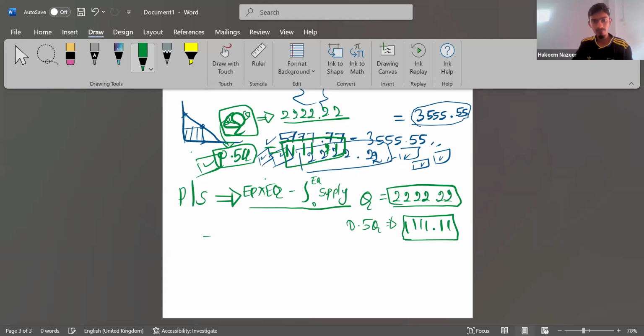And EP අපිට දන්නවා into 163. If the order is wrong, don't mistake me. Supply curve EQ දන්නවා 2230. The supply function 20 plus 0.5q.